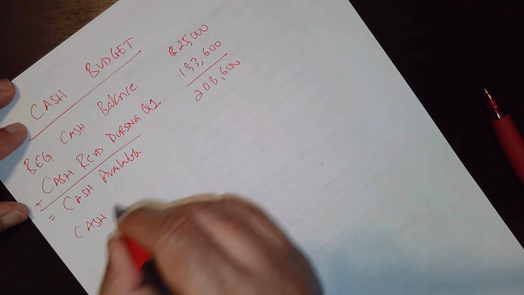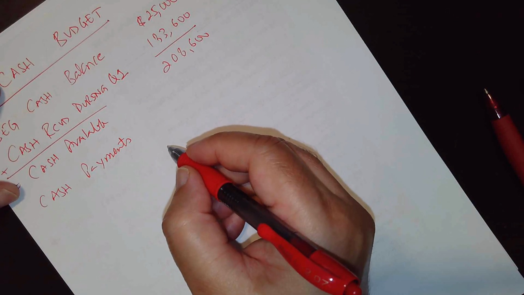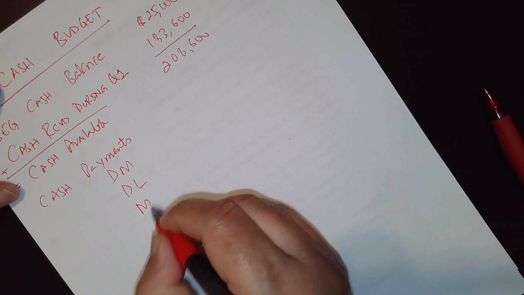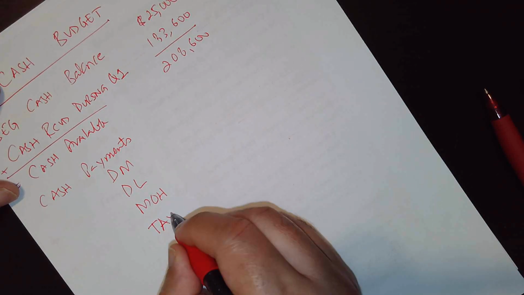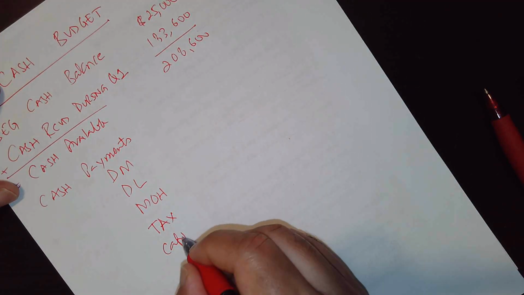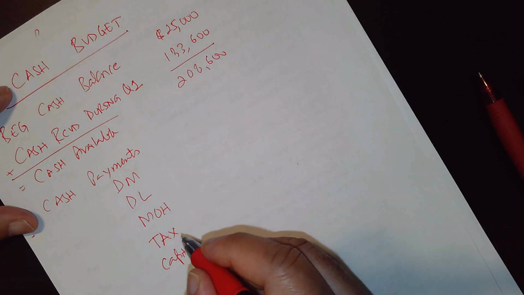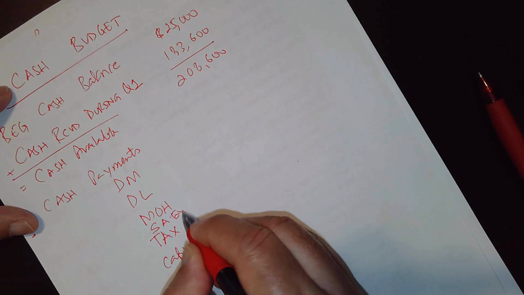So how much cash payments do we have to make? The cash payments we have are for direct material, direct labor, manufacturing overhead, tax, capital expenditure, and I'm missing one more thing, selling and administrative expense.